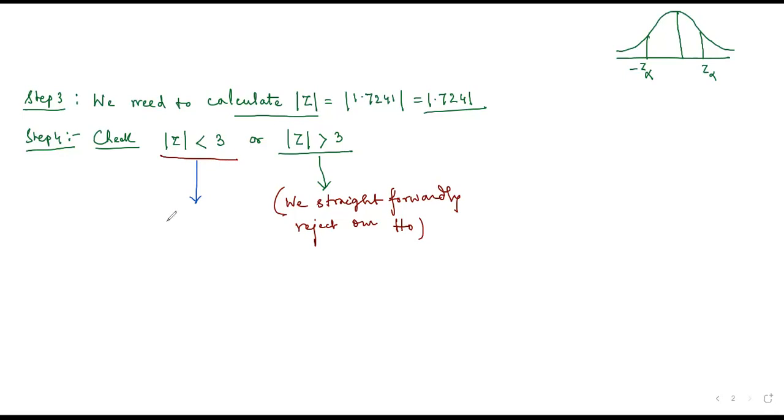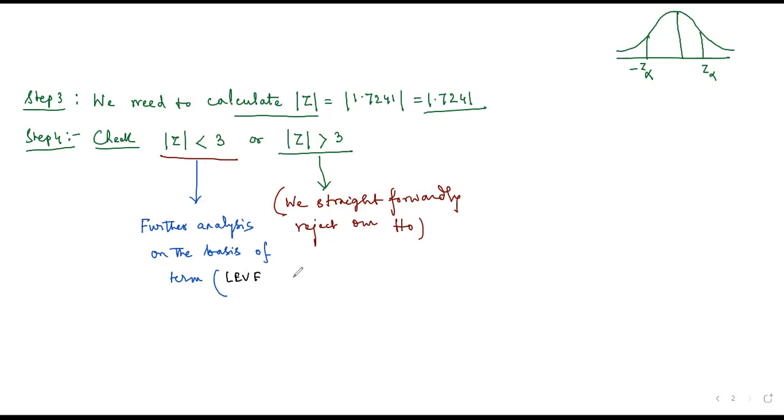When mod Z is less than 3, then we have to go for further analysis on the basis of a term which is called level of significance.